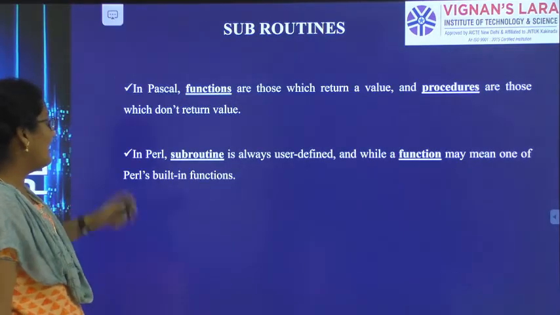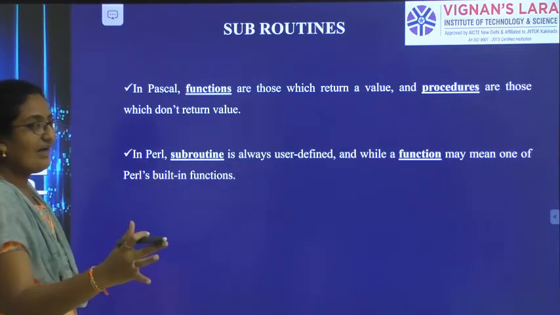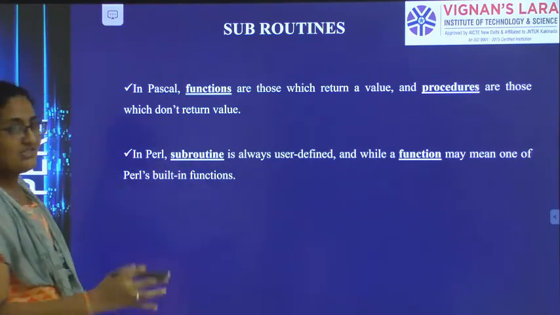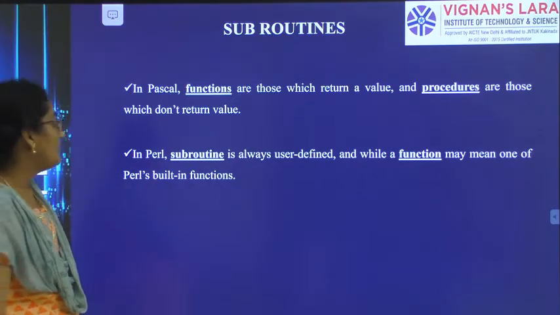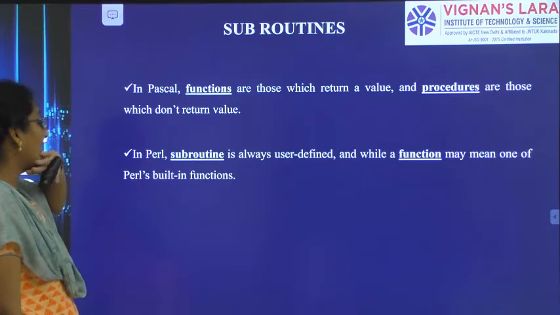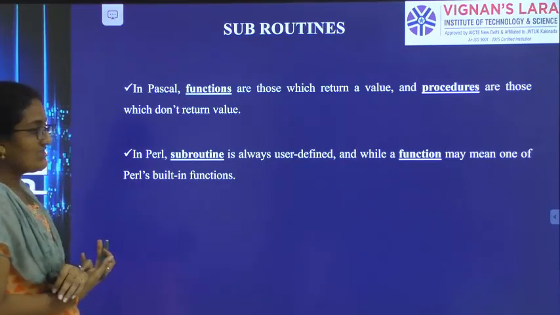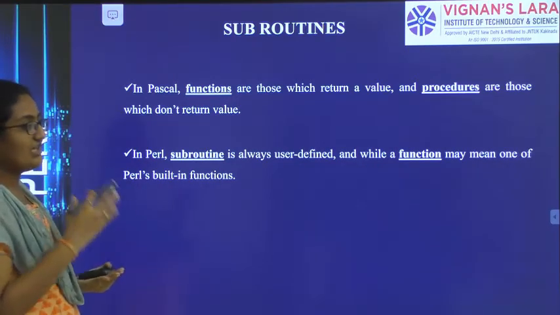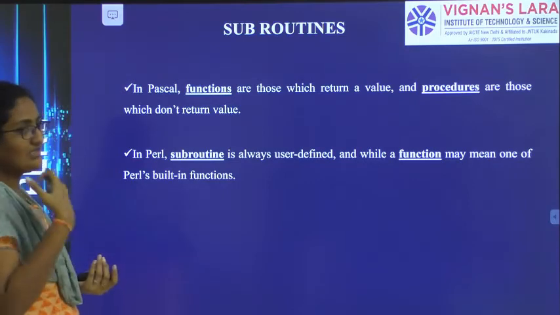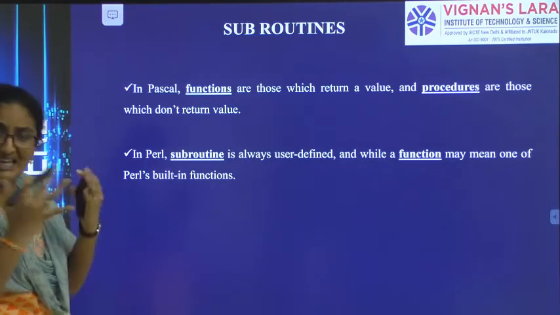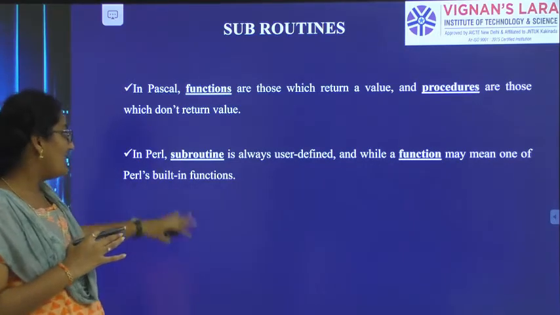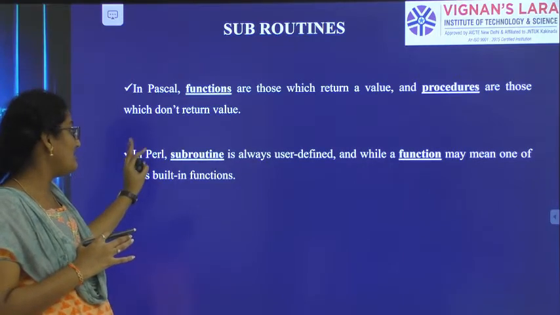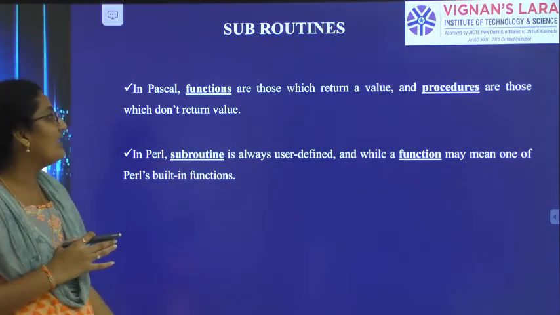So in Pascal, a function which is returning a value is a function, and a procedure is one which is not returning a value. Same way in Perl programming, we have different types of functions like user defined function, predefined function, built-in functions, callback functions, same as PHP. In all these kinds of functions, a subroutine is a user defined function.